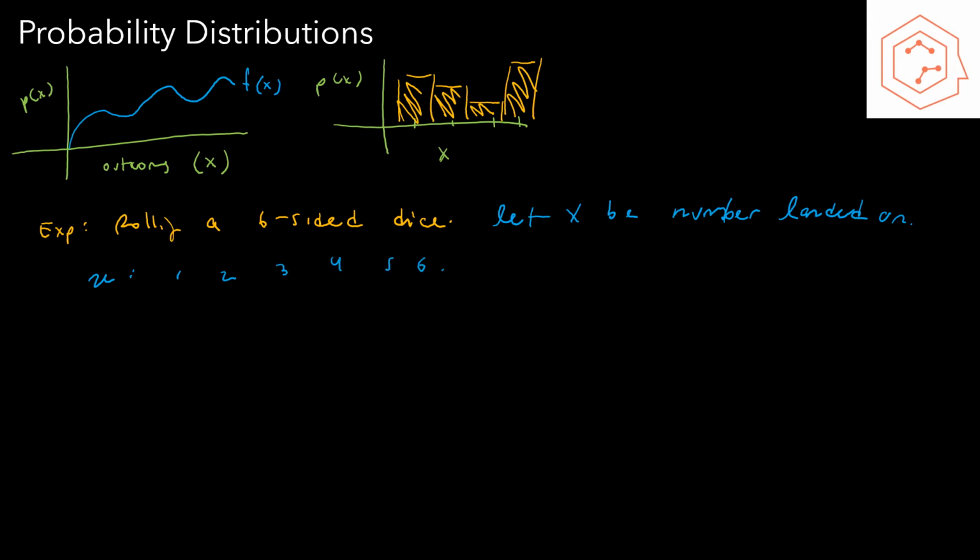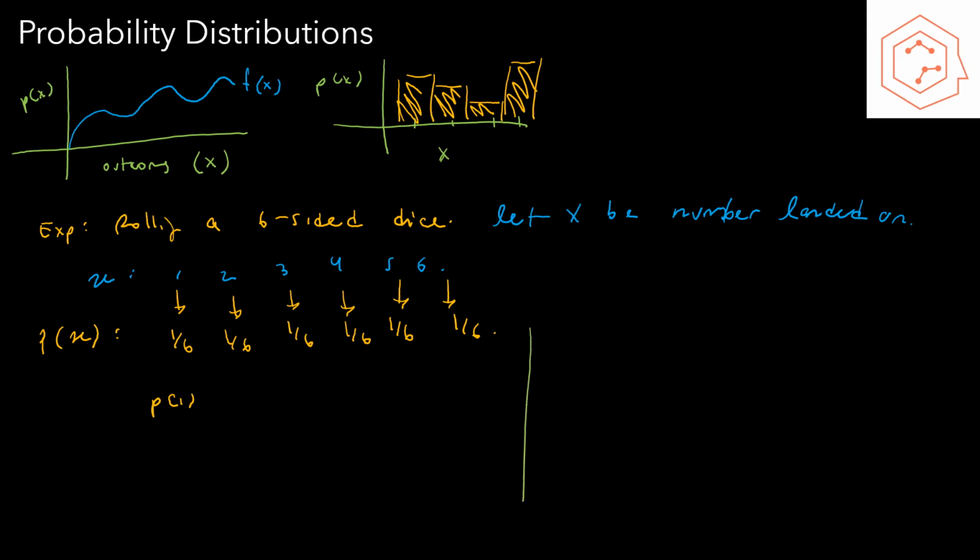And we already know that every single side on a die is equally likely to be landed on. And so p of x, when x is equal to 1, so p of 1, that's equal to 1 out of 6. The same thing is true for 2, it's 1 out of 6. For 3, it's 1 out of 6. For 4, it's 1 out of 6. For 5, it's 1 out of 6. And for 6, it's 1 out of 6.